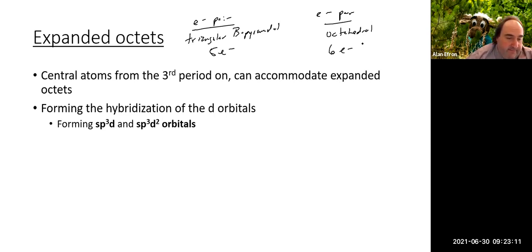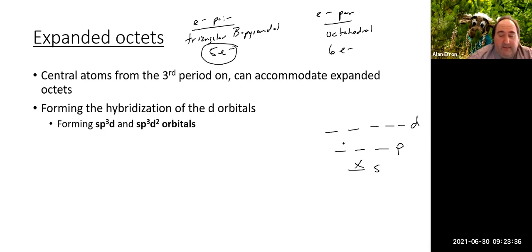The approach to figuring out the hybridization for these expanded octets is the same approach that we just did. You would want to draw your correct Lewis structure, and once you do, you can just count off the hybridization: 5 electron pairs means 1, 2, 3, 4, and 5. In this case, I've used an s, 3 p orbitals, and now a d orbital, which is why it's an expanded octet.